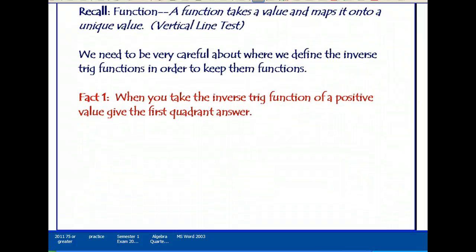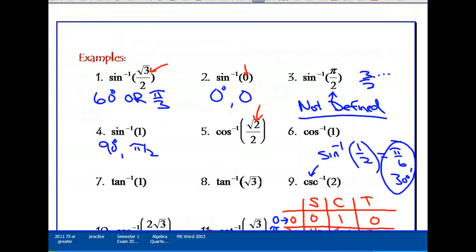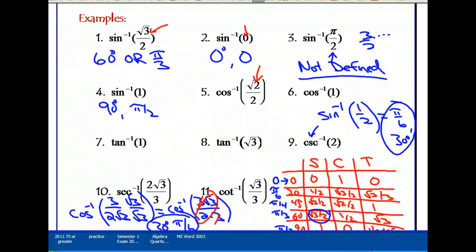Okay, a few facts. First of all, we want these to be functions, so we want these to pass the vertical line test, meaning if I put any value in there into my inverse trig function, I should get one answer. So when I came back here and I said, look, the sine inverse of square root of 3 over 2 is 60, or pi 6 in this very first question, you might have also thought, what about 120 degrees?